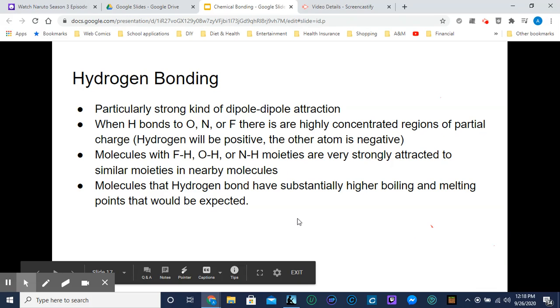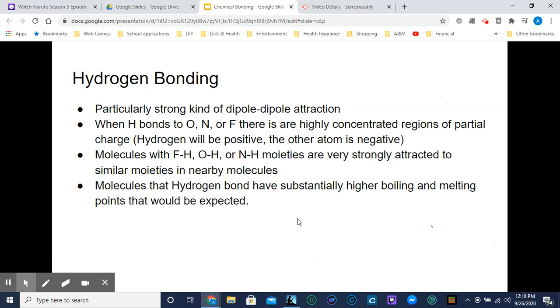Now, certain molecules, when hydrogen pairs with specific elements, oxygen, nitrogen, fluorine, you have this very large electronegativity difference, and so you see a much stronger dipole-dipole attraction between those kinds of bonds, where hydrogen is going to have the positive dipole and the other element is going to have the negative dipole.